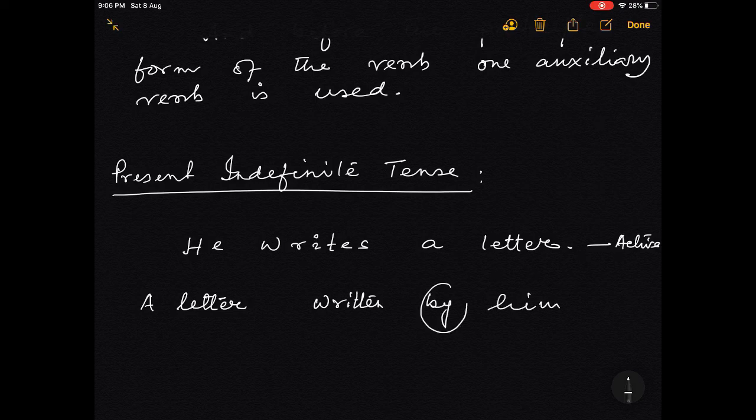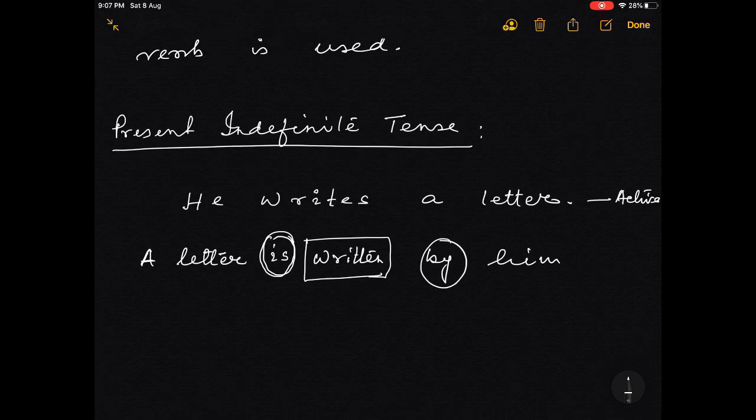Before that one by will come, and here what type of auxiliary verb will come? It is present tense and it is third person singular number. So is will come, before the verb. So for the present indefinite tense, in the passive voice, the auxiliary verb will be am, is or are according to the person and number of the object.